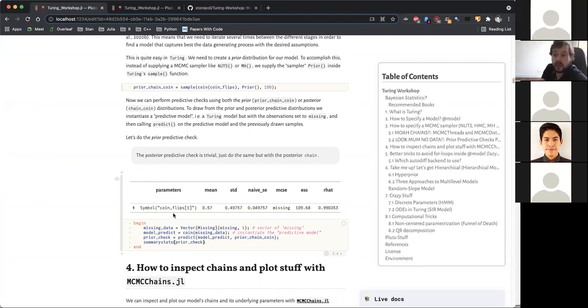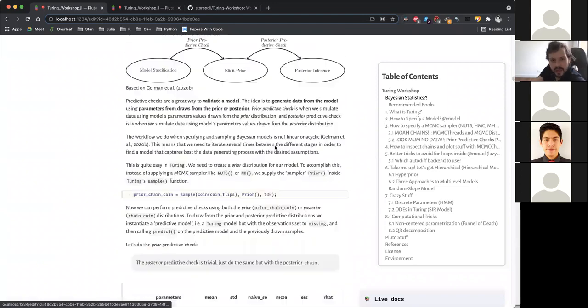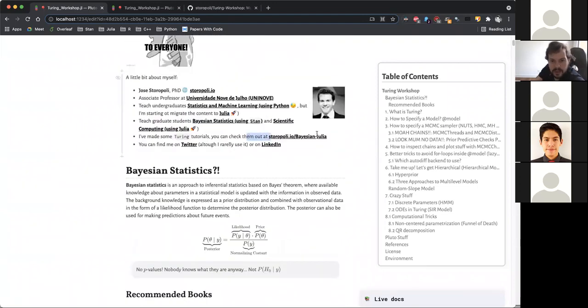You can do the same with the posterior. You just specify here a real sampler, and you can do the same with posterior predictive checks. You can find those here in those tutorials.